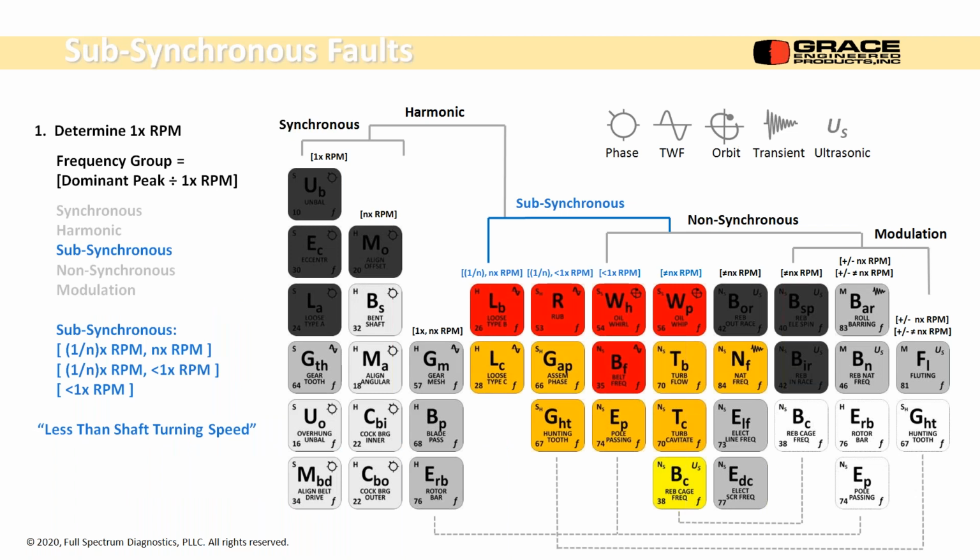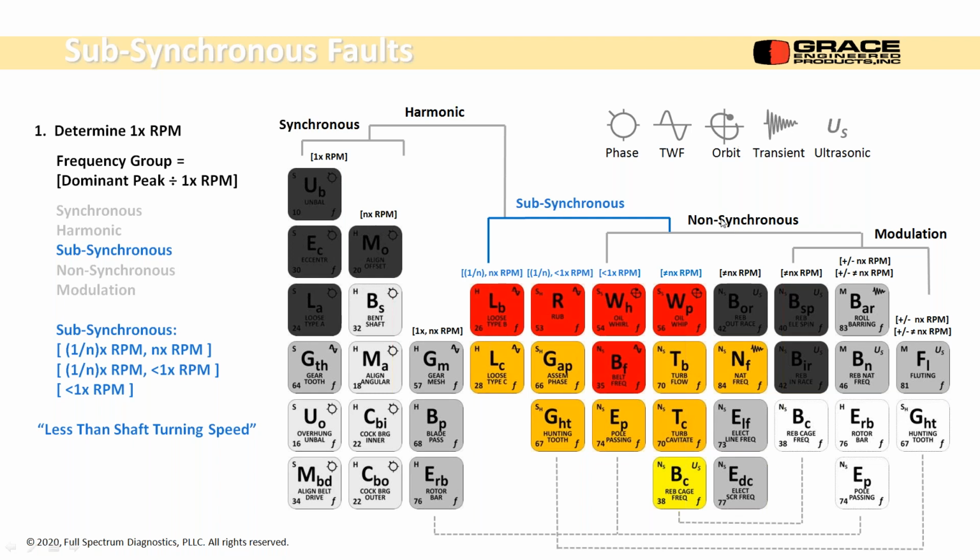Okay, subsynchronous faults, faults that occur at frequencies less than turning speed of the shaft. So if I have a cage frequency, like we noted before, it was at 0.42 times running speed, it's less than 1 times RPM. Okay? It's one of these types of problems. So looseness problems can show it, rubs, some gear problems, some electrical problems, and oil whirl in journal bearings, and so forth.